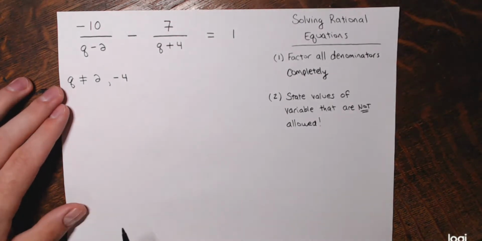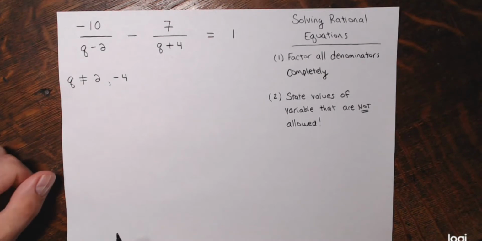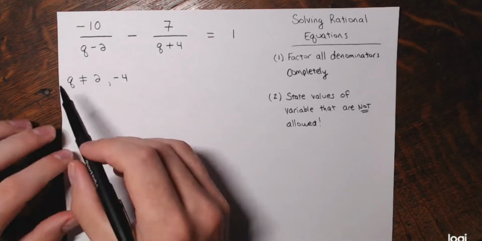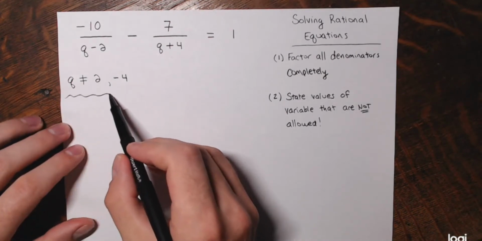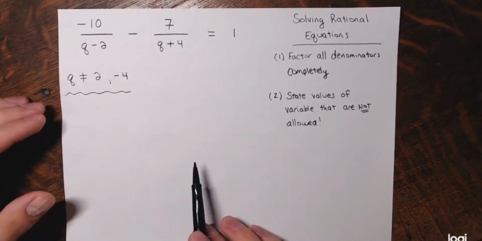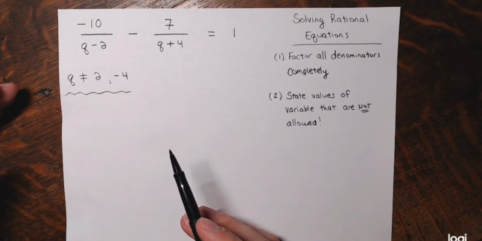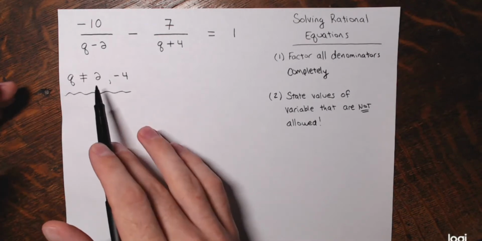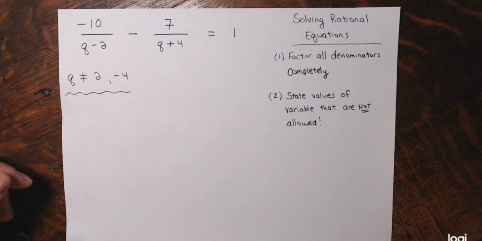And that seems to be all for this particular question. So just keep this in mind for later. If we go through and try solving this, and we end up with a solution of 2 or negative 4, we should know that those actually don't work when we go back and check them in the original equation.